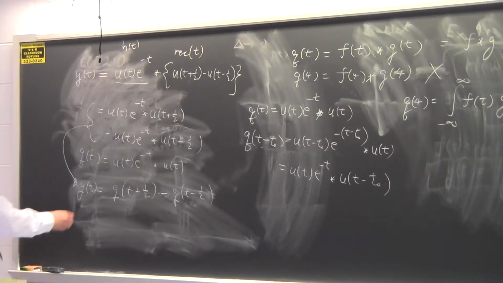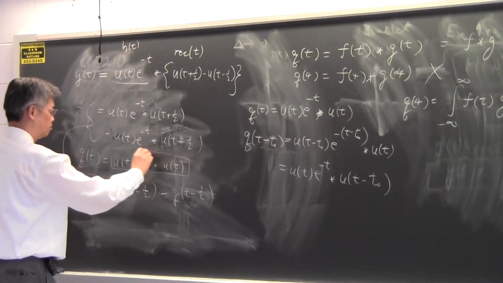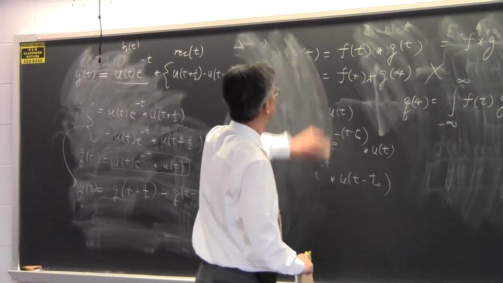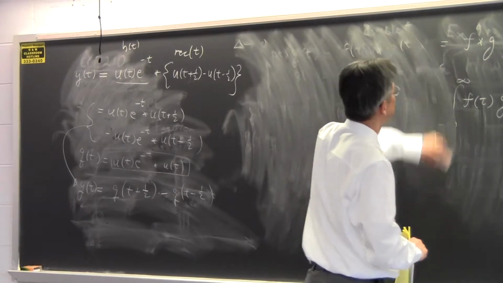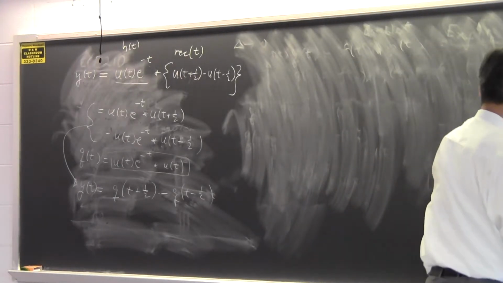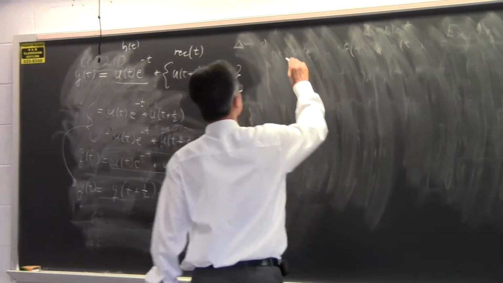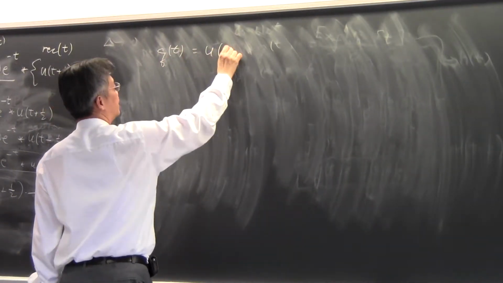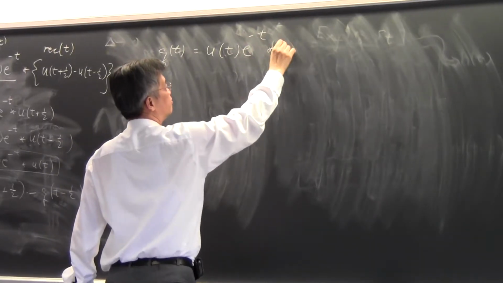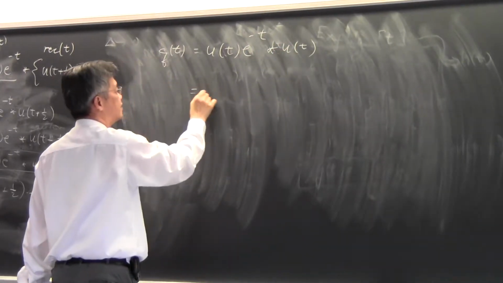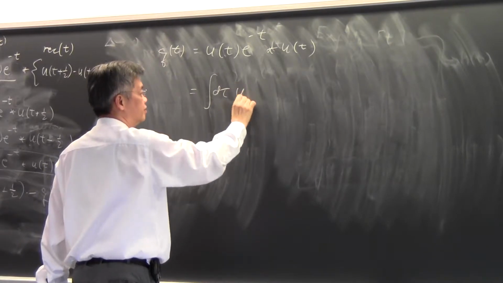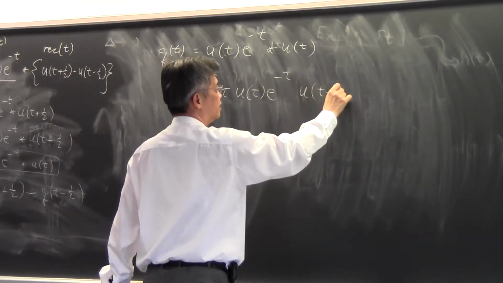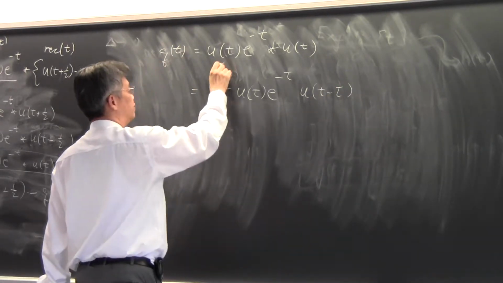Q of t is equal to that. Let me use this part of the blackboard. Q of t is equal to u of t e to the minus t convolving with u of t. So if I write this out using the meaning of this mathematically, it will be something like this, minus infinity to infinity.